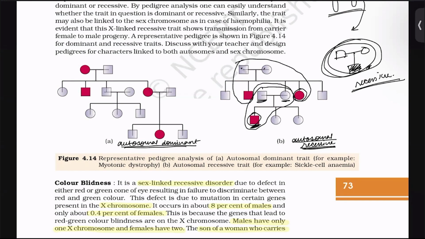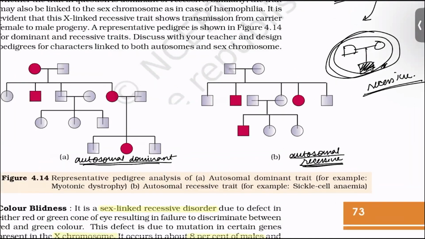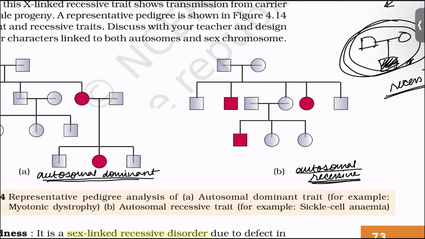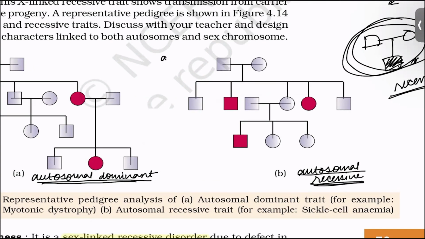Now I can explain it using genotypes also. Suppose the recessive gene is a, and this is the disease causing gene, which means when the recessive gene is present in homozygous condition, the disease will be expressed. Otherwise, on being present with a dominant gene, the disease will not get expressed according to the law of dominance that was given by Mendel.